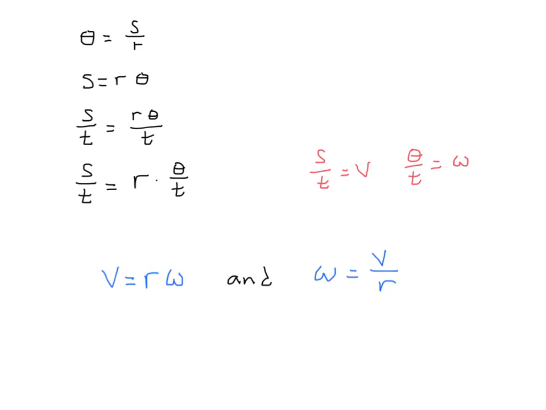In other words, the velocity and the angular speed are related to each other by a constant multiple. So if I multiply the angular speed by r, whatever r happens to be, that is going to be my velocity. Whereas if I multiply the velocity by 1 over r, that's going to give me omega.